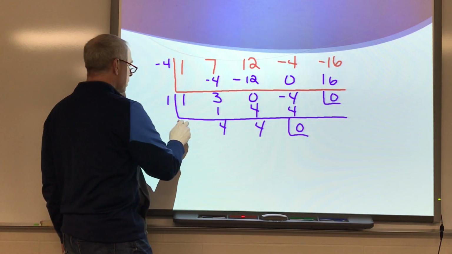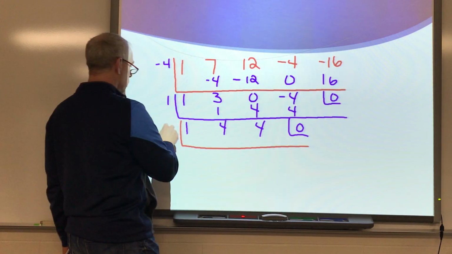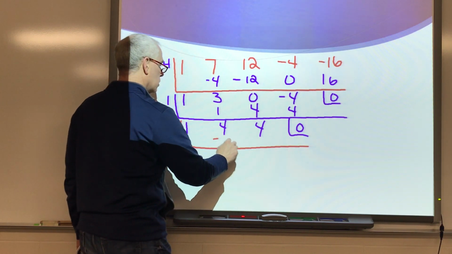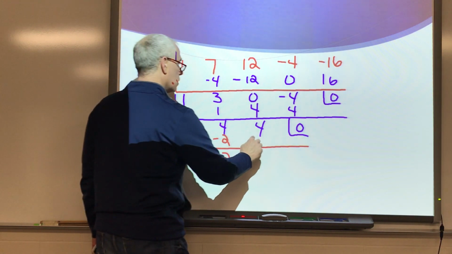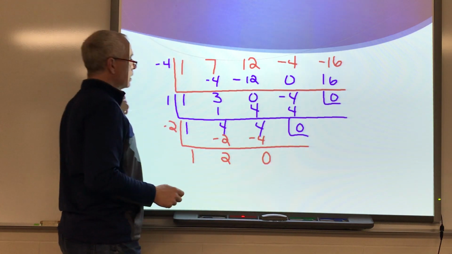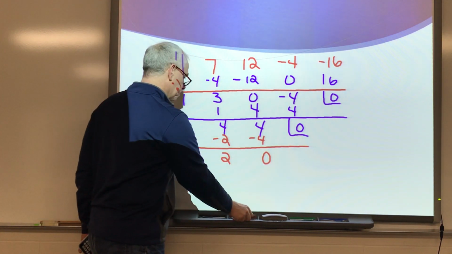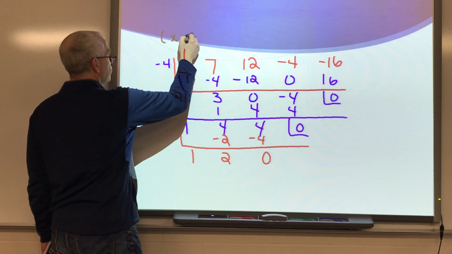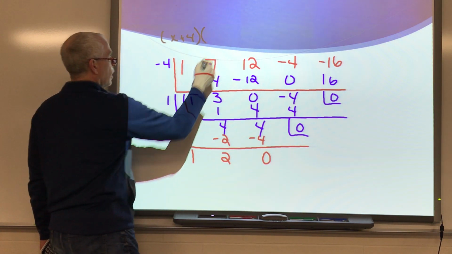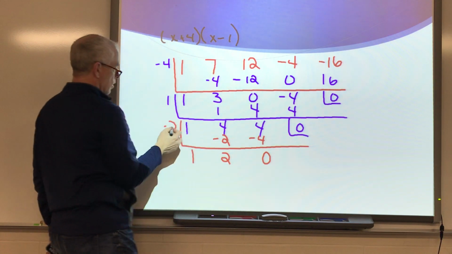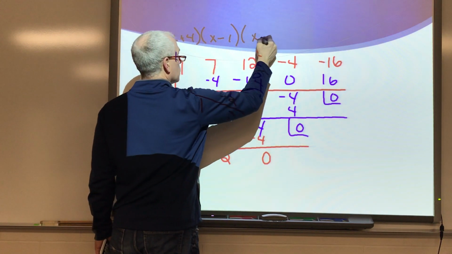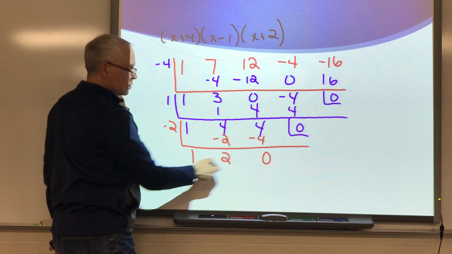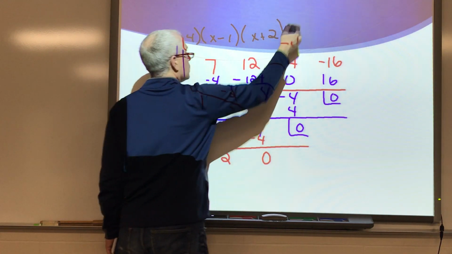So I'm going to try negative 2. Okay? And so then let's look at what this factors to. So if negative 4 is a 0, I have x plus 4 and x minus 1. This would be x plus 2. That's also x plus 2, so that's going to be quantity squared.